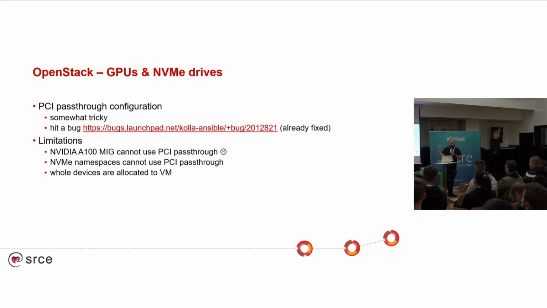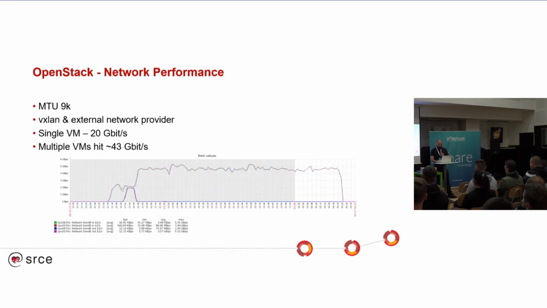Unfortunately, if anybody knows what the MIGs are, so basically the capability which started with the A100, that you can partition the NVIDIA GPU device, it does not support PCI pass-through. I was really hoping for that, but unfortunately you need to buy the vGPU licenses to actually cut your GPU into little pieces. And the NVMe namespaces I did not manage to do pass-through with them. So basically you need to pass the whole thing up there. If somebody has managed to do any of these things, in theory the NVMe should support it, but that thing also I did not manage to make work.